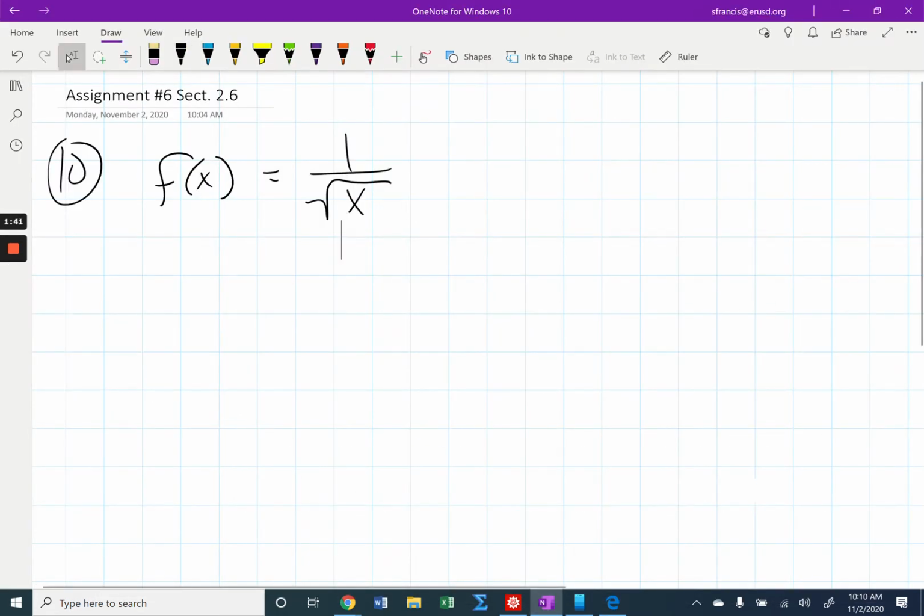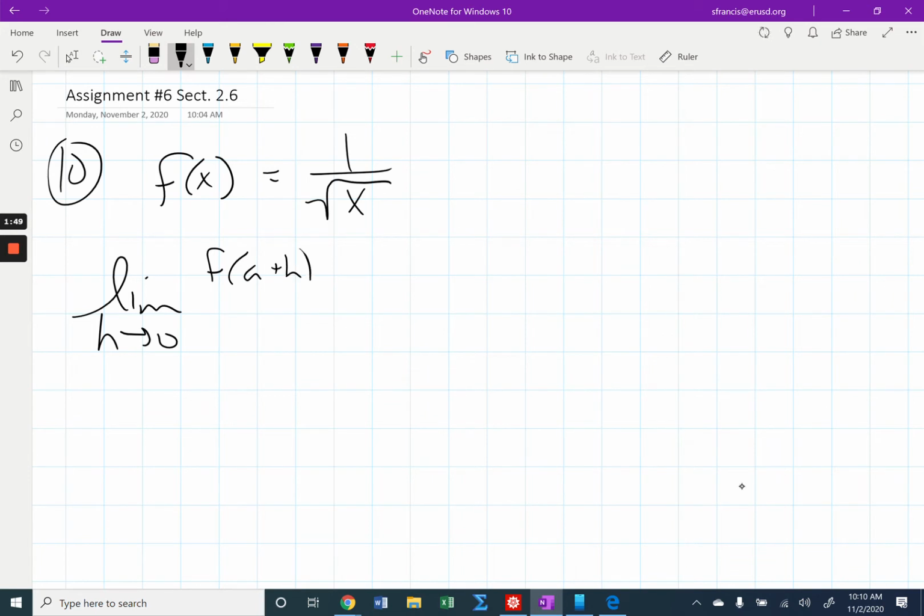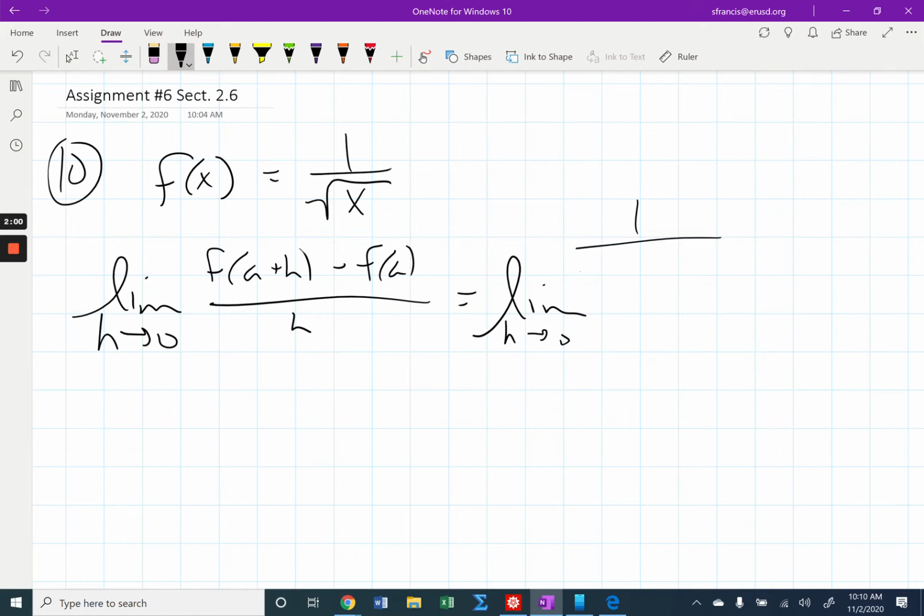And so we're going to find the limit as h approaches 0 of f of a plus h minus f of a over h. And then we'll actually apply it to this particular function. And so we're going to get 1 over root a plus h minus 1 over root a, over h.